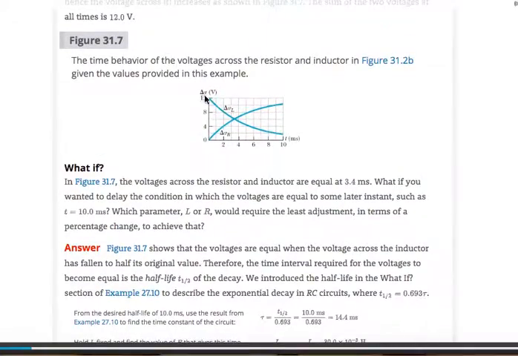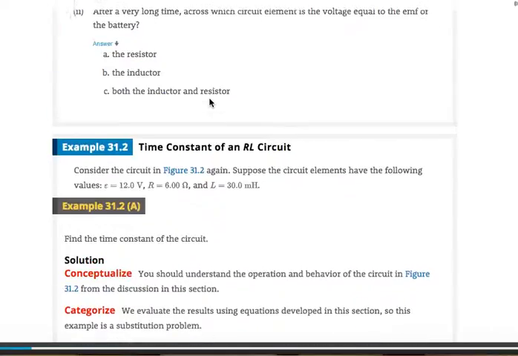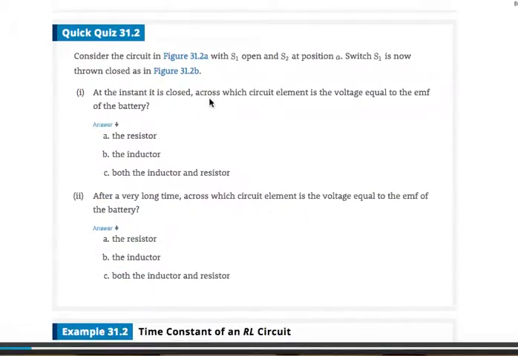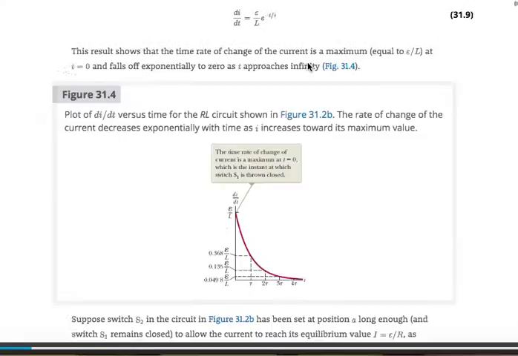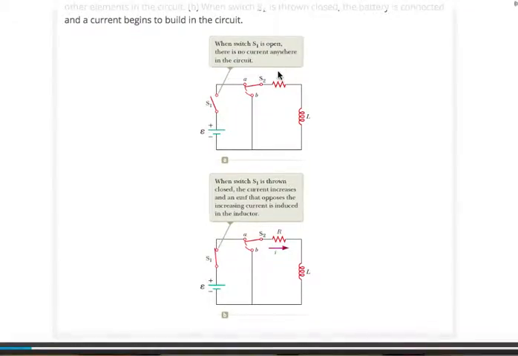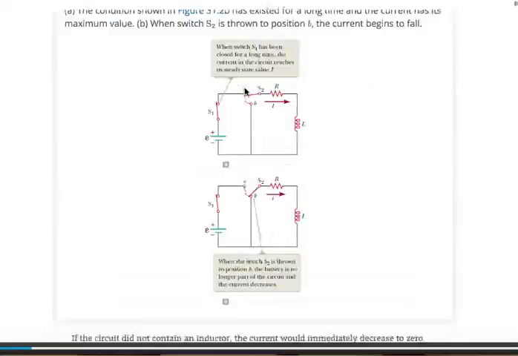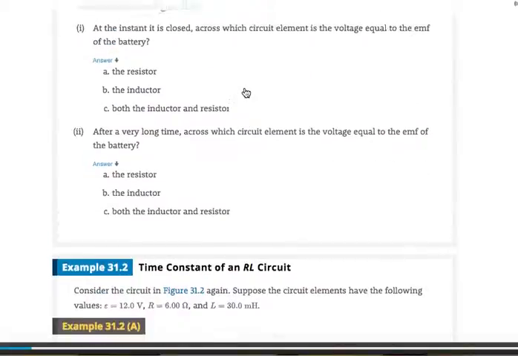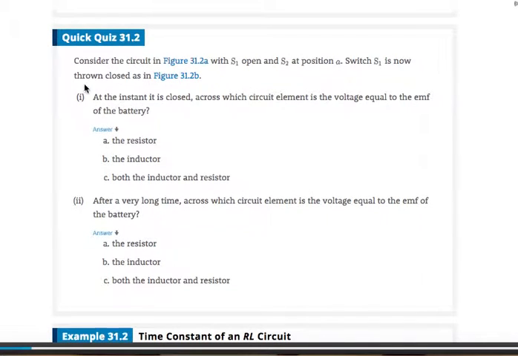And this is really interesting. This is showing the voltage across the resistor and the voltage across the inductor. Actually, there's a good quiz. Consider this circuit where S1 is open and S2 is at position A. Suddenly, S1 is closed. At the instant it's closed, across which circuit element is the voltage equal to the EMF of the battery?